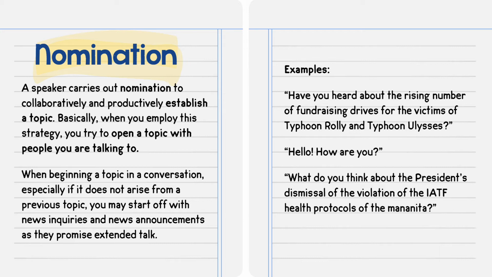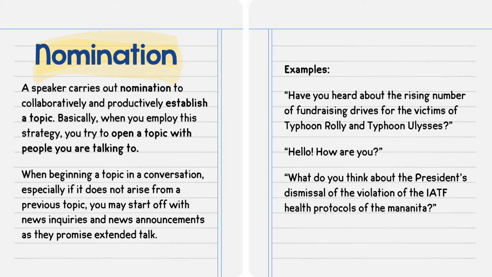Okay, so in this example, nag-open up ng conversation yung taong to, yung nagsalita nito, if yung mga kausap niya is meron na silang nadinig na or nabalitaan ng mga fundraising activities na ginagawa ng mga tao para sa mga biktima ng Typhoon Rolly at Typhoon Ulysses.